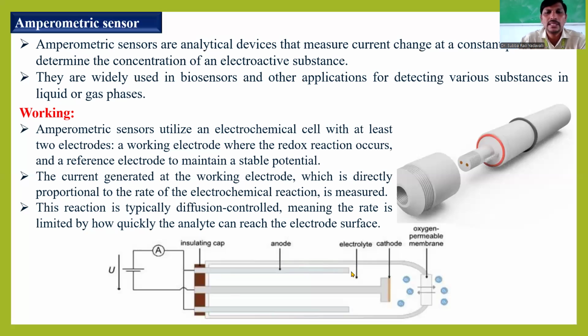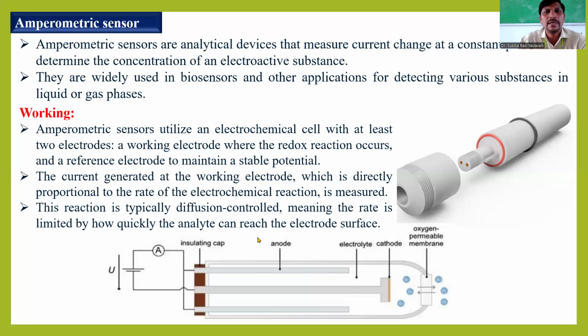Depending upon the working electrode, the nature of the material will be chosen. If the electrode is a zinc electrode, then we use zinc sulfate as an electrolyte solution. If you use the graphite electrode, then we use KCl solution or some acids like hydrochloric acid. So these are the electrolyte solutions used in these amperometric sensors.